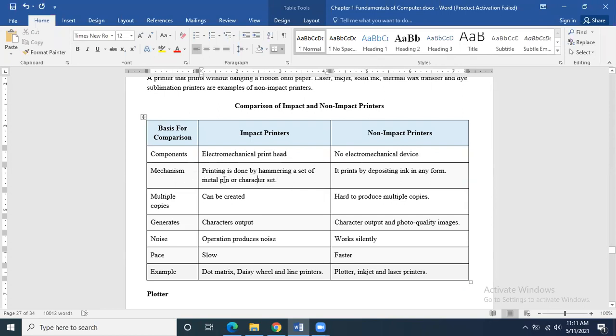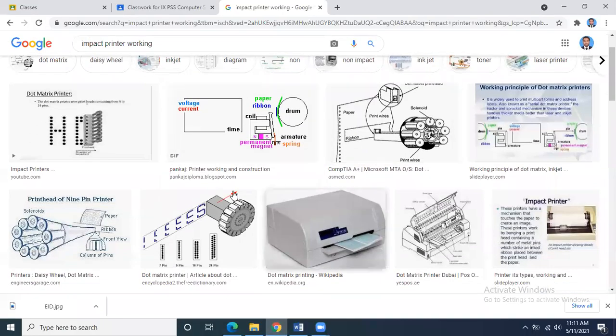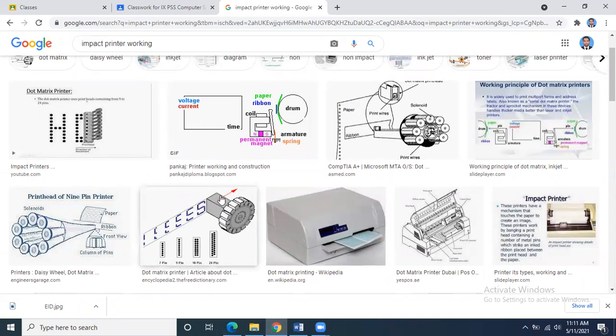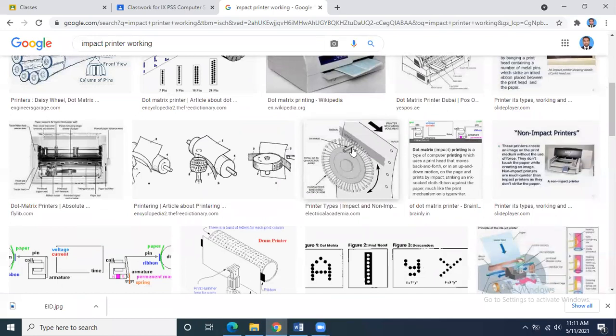What is the mechanism? Printing is done by hammering a set of metal pins or a character set. Just like I have shown you, the characters are embossed on the head, and these are going to be printed on the paper.